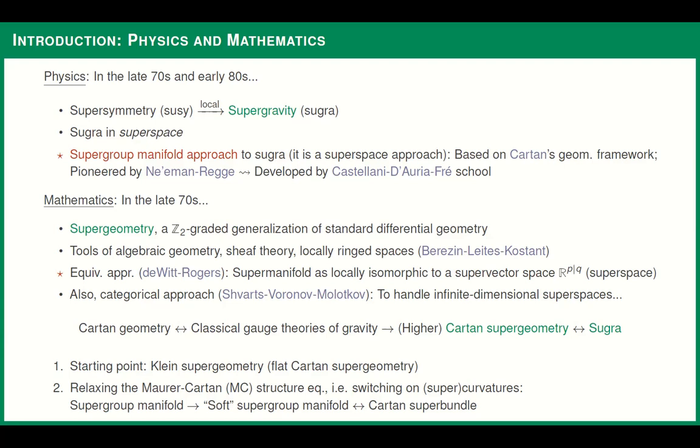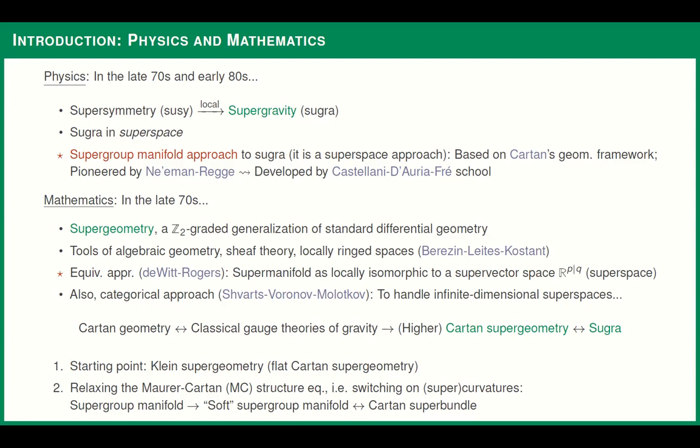And one can then think of relaxing the Maurer-Cartan equations. That is, one can think of switching on supercurvatures if you are dealing with supergeometry. And this means moving from flat Klein supergeometry to Cartan supergeometry.